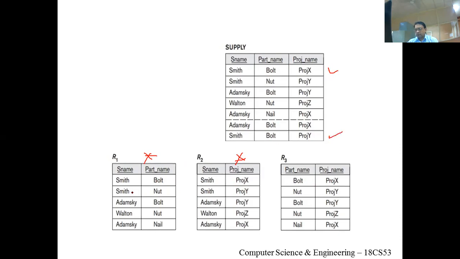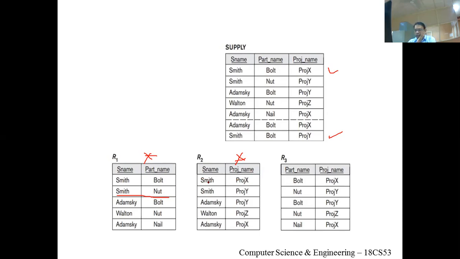Next, you take this one. Smith, Nut, Smith, Project X. So we are performing the join on project name here, and here on S name.